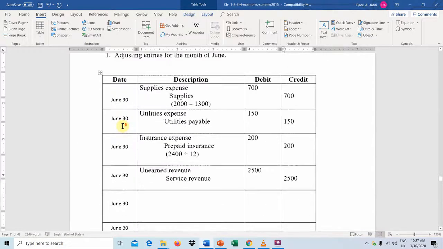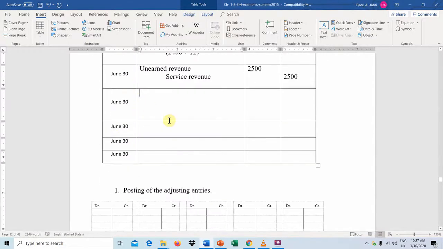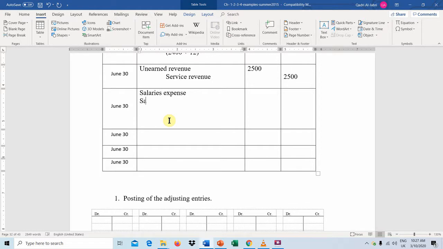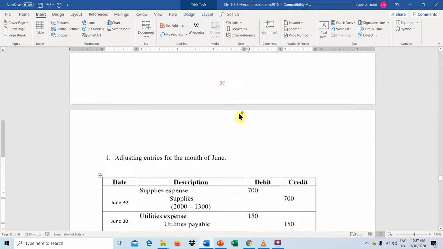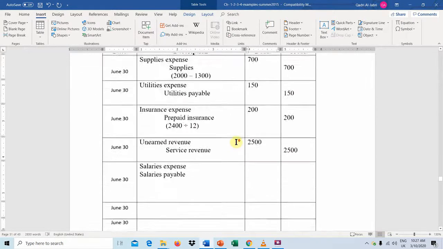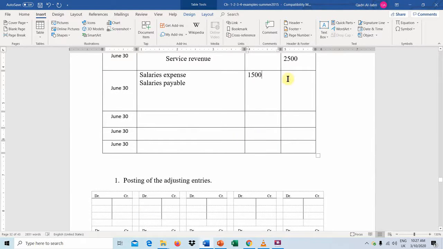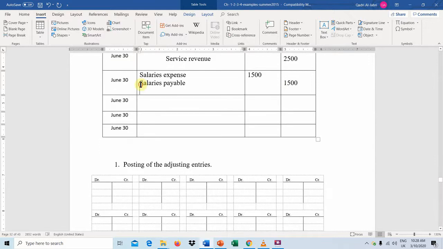So I will debit salaries expense and I will credit salaries payable for the amount of 1,500 and 1,500.